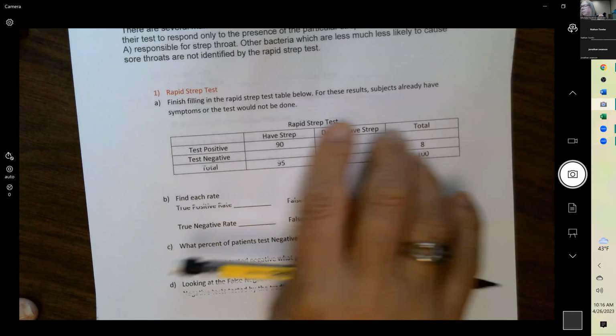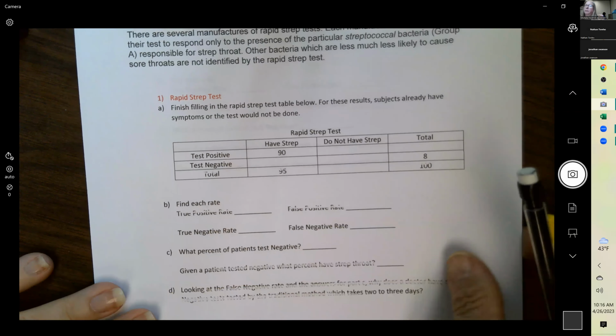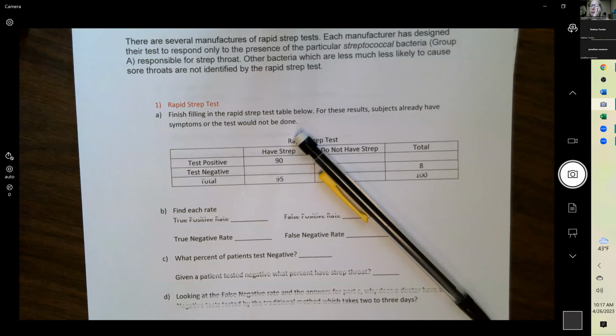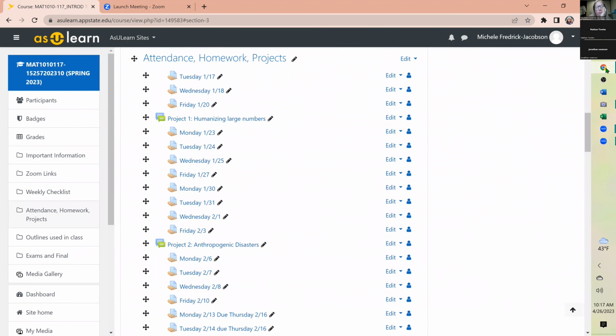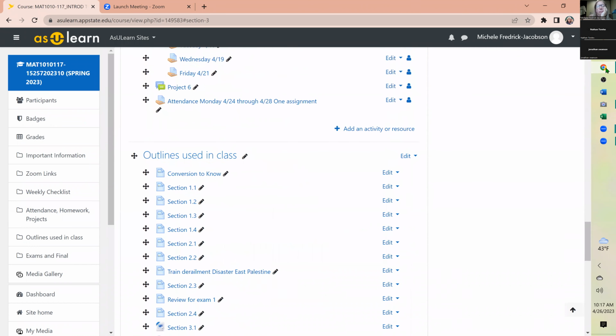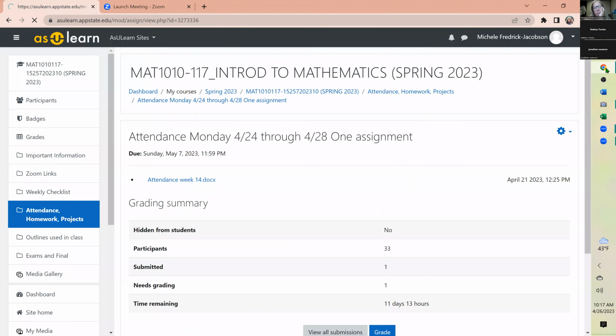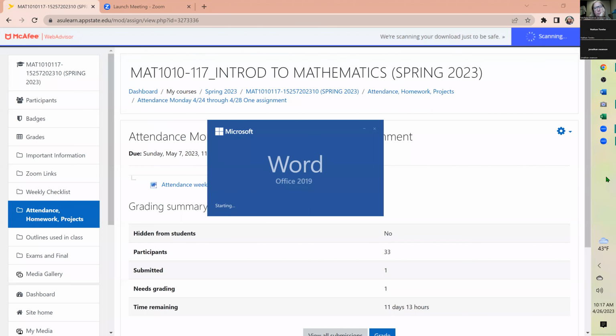There'll be one where it's already filled in and I'll ask questions, but then there'll be one where you have to fill it in. No, this one, let me bring up the whole thing. Moving so slow.